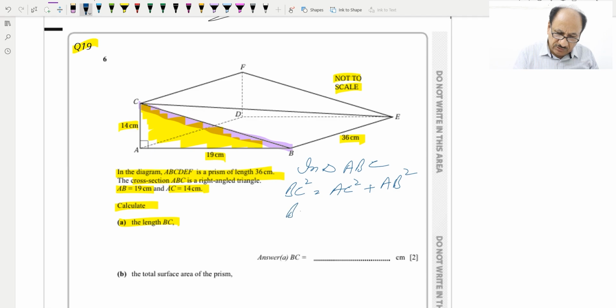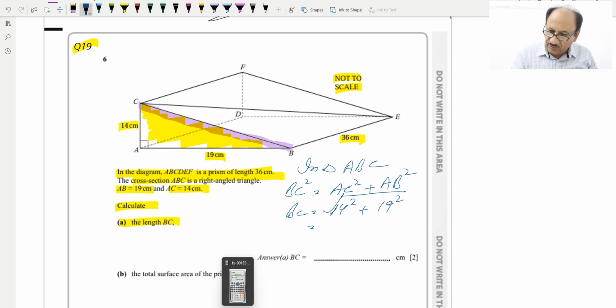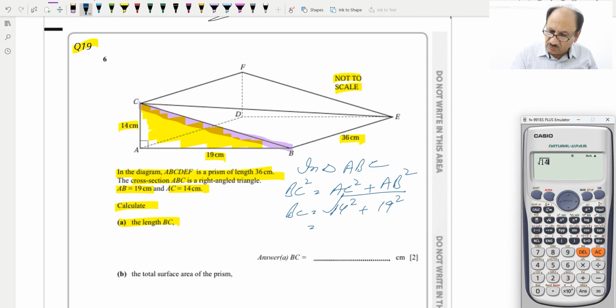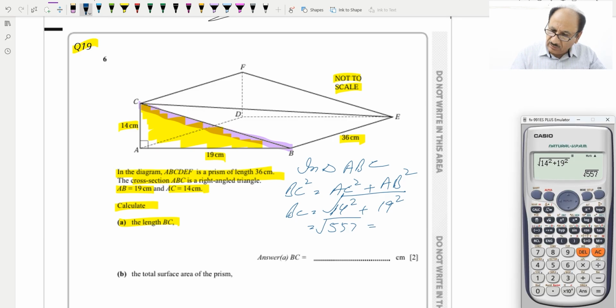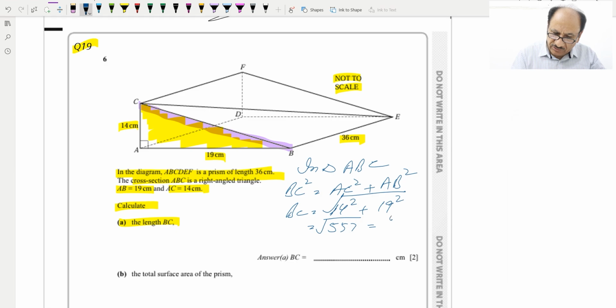So BC will be equal to the square root of 14 square plus 19 square, which is the square root of 557, and the decimal value we can check. This will be 23.6, and this will be our answer, 23.6 centimeters. This is for 2 marks, which is done.